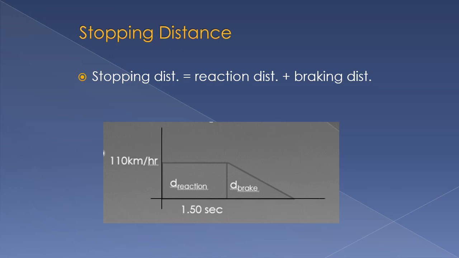It doesn't look exactly like this because as you go faster and faster, it will change how long your braking distance is. But we're going to be going 110 kilometers, and we're going to figure out the area under these curves. Essentially, this will give us our displacement.